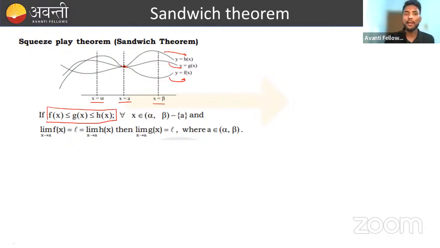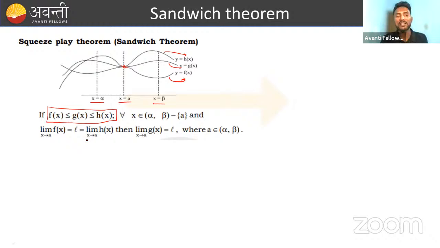So what happened when we are at exactly x equal to a? If we want to find the limit of all these functions, h(x), g(x), and f(x), as x tends to a, all will be equal, and that will be L only.